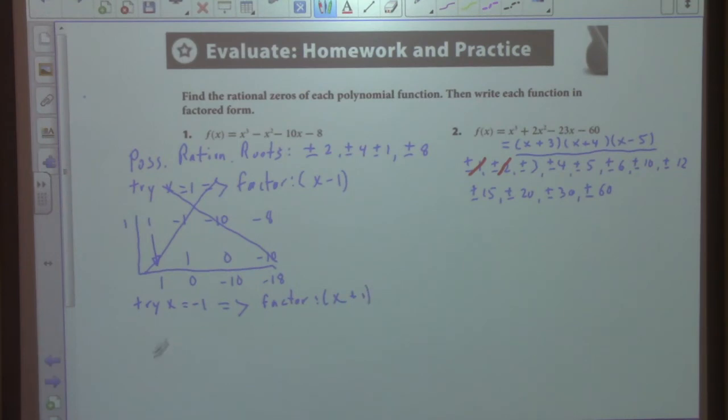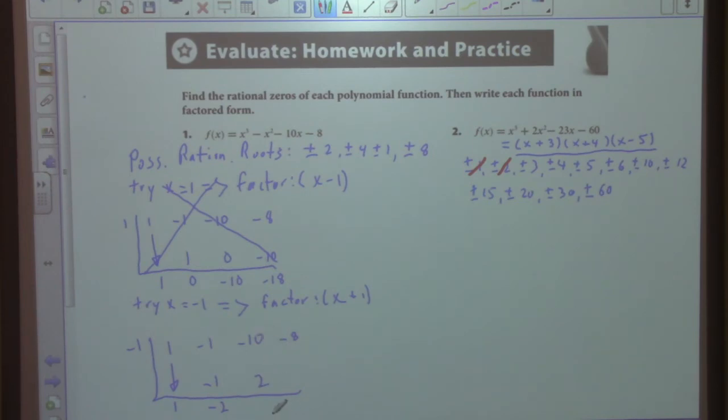So we go here and say, all right, same sort of process, negative 1, 1, negative 1, negative 10, negative 8. So we bring this down here, and negative 1 times 1 is negative 1. We get negative 2 here, and negative 1 times negative 2 is 2.